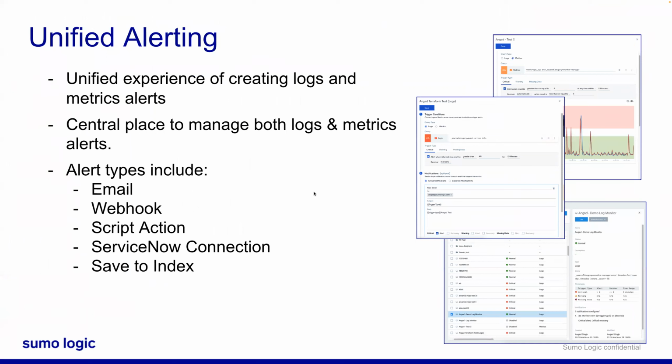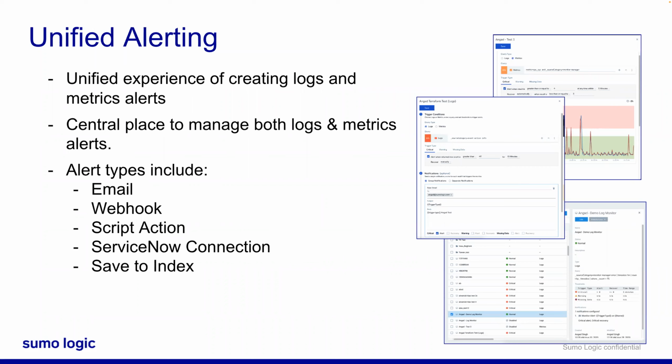But what we're showing here is the idea of a unified alerting environment or experience, I guess you could say. And so what you can do very simply in here is start to create queries for your logs and your metrics, and start to trigger at certain intervals or when certain criteria are met so that you get an alert, and you're starting to monitor the system. And then you get that alert, and then you go ahead and do something about it.